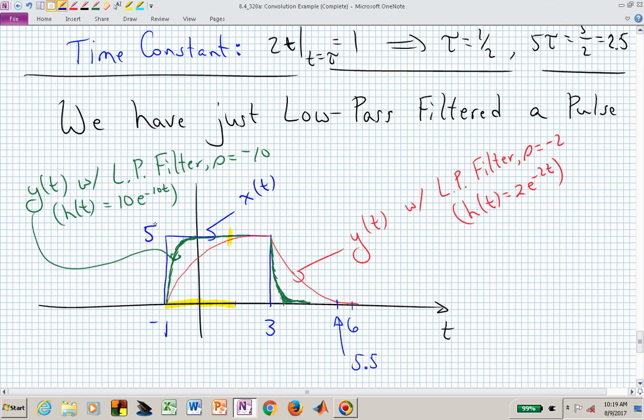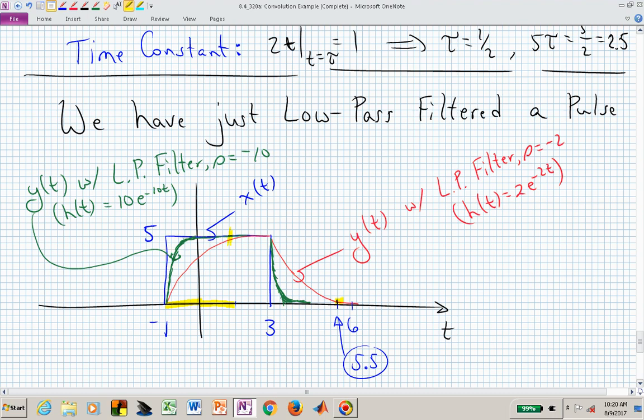And then we turn off the pulse and wait another 5 time constants, or until we get to 2.5 plus 3, or 5.5, and then we're effectively down to our final value, which is nothing. And now we have this shark fin type response to this pulse, blue, as our input, and the red is our output.